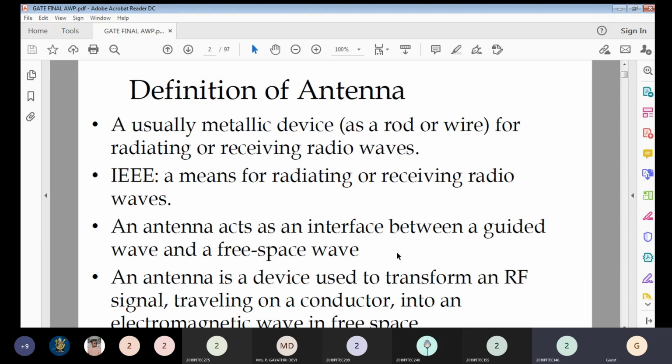Coming to wired communication, there should definitely be a link between our sender and receiver. The sender can transmit the information to the receiver through the proper channel with the help of a proper cable. Wired communication started with the open wire cable.